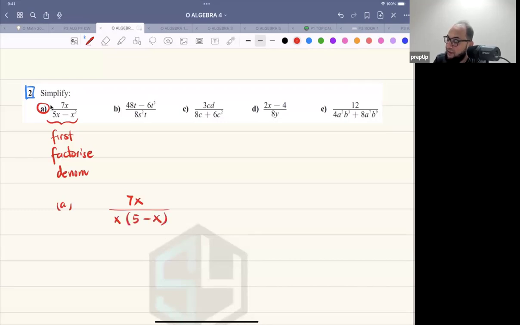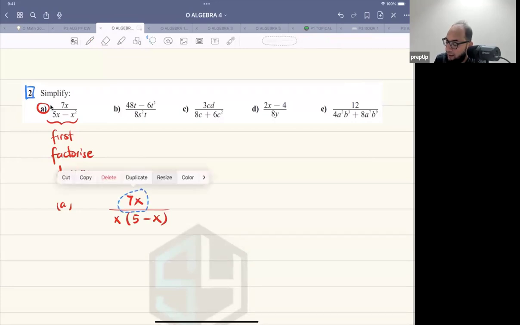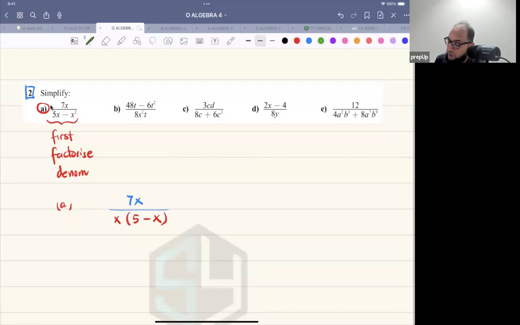So this is factorization of the denominator. Let me just change the color. This is in blue, the red one is factorization. Now when I do the cancellation, this x will cancel with this x, and I'm left with 7 over 5 minus x. Simple example. Other examples are for you to try out.